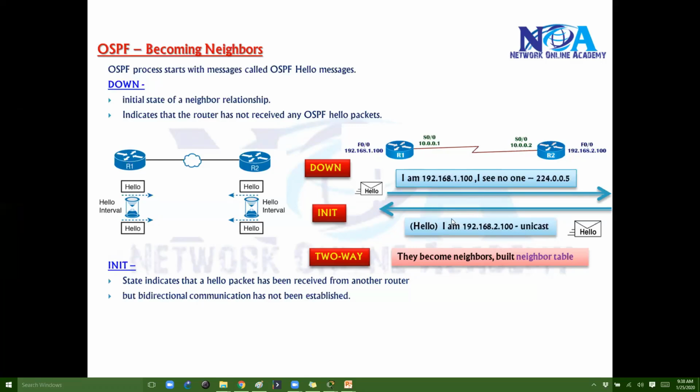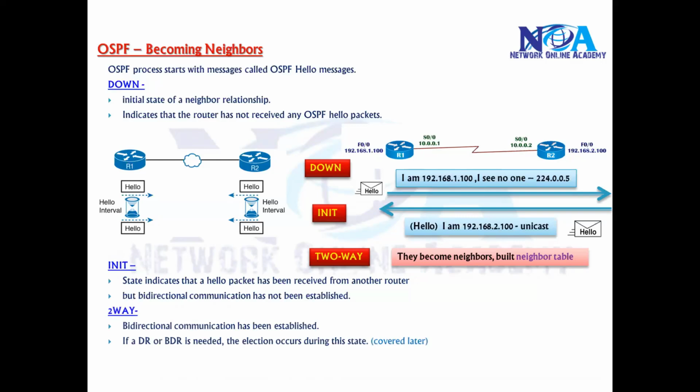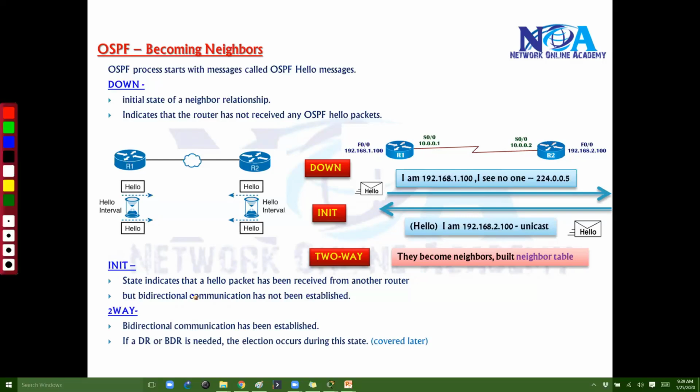But once you receive a reply to your hello messages, then two-way communication has been established. Now the router will move on to the two-way stage, which means bidirectional communication has been established between them. And of course, they do some DR BDR election. Probably this is something we'll talk about more in later sections. There is something called the designated router and backup designated router. We'll see this in the more advanced topics later on.